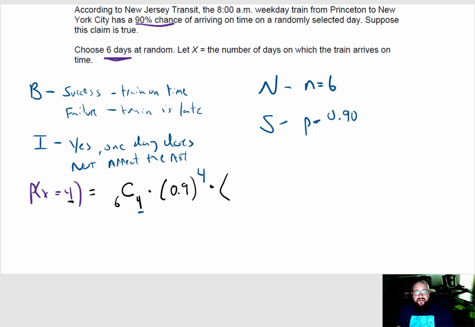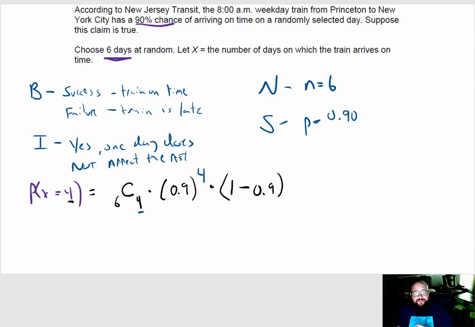a probability of failure, right? So the probability of failure, you would simply take 1 minus 0.9. Most of you probably said, well, it's easy, Mr. Elliott, it's just 0.1. That's great. If you see that automatically, that math right there in your head, great.